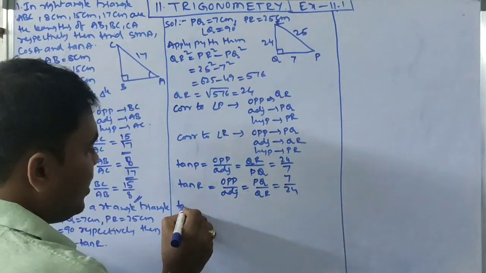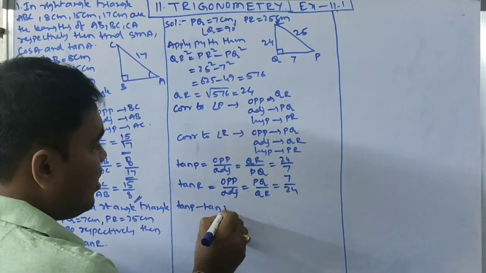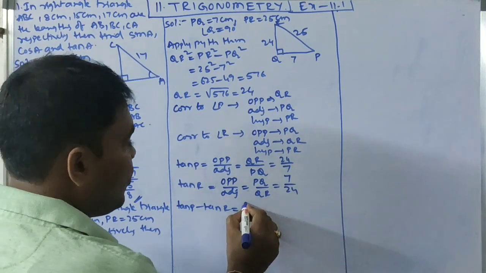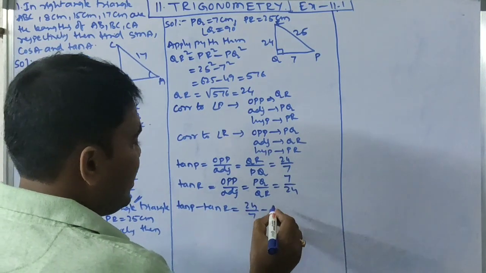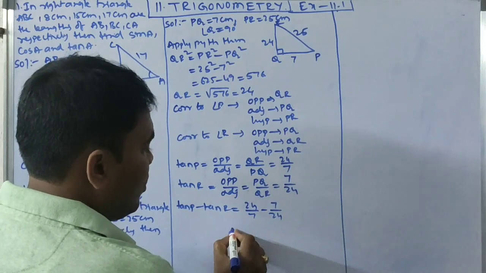Now tan P minus tan R equal to tan P 24 by 7, tan R 7 by 24.